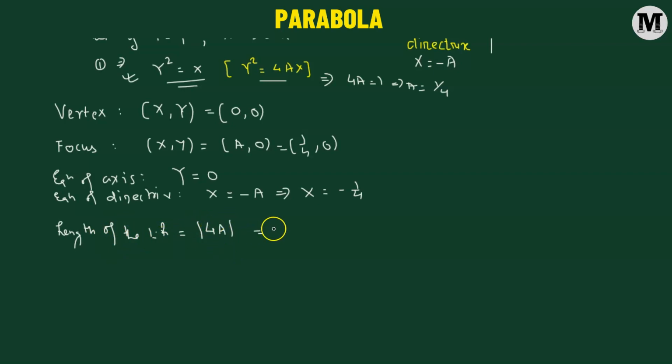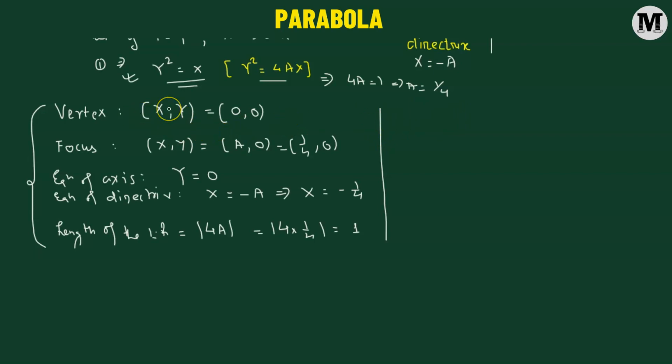Here a corresponds to 1/4, so 4 multiplied by 1/4 gives us 1. But we have to be very careful here. These values are obtained with respect to the new coordinate axis. However, we will have to revert back to the original coordinate system, where x and y are taken in lowercase letters.